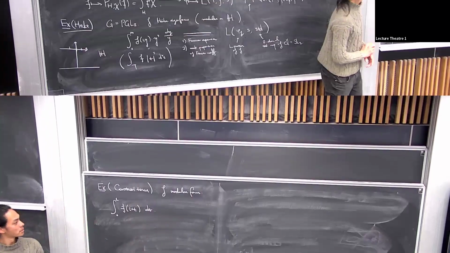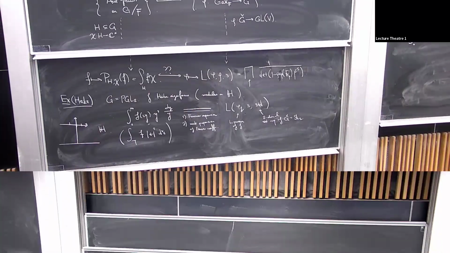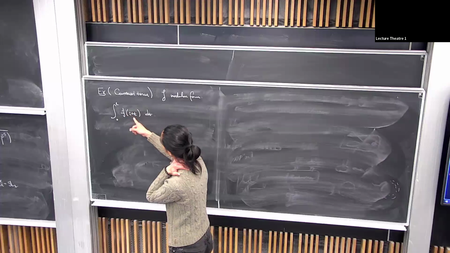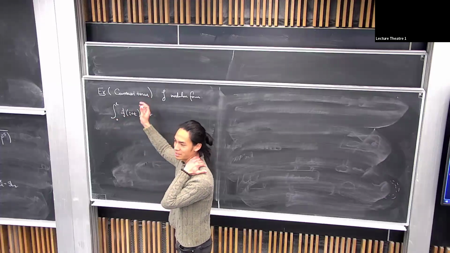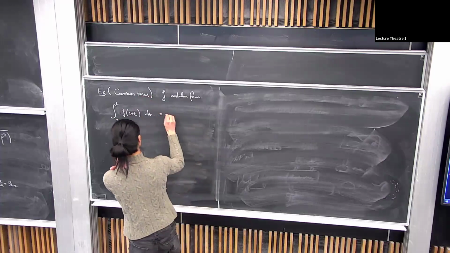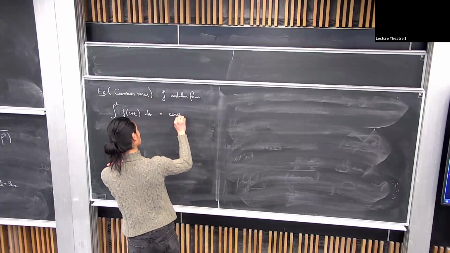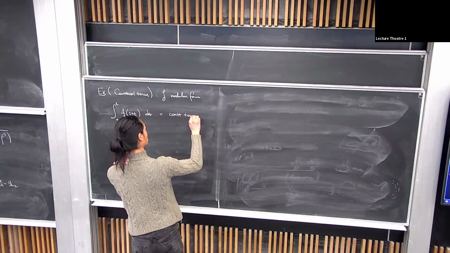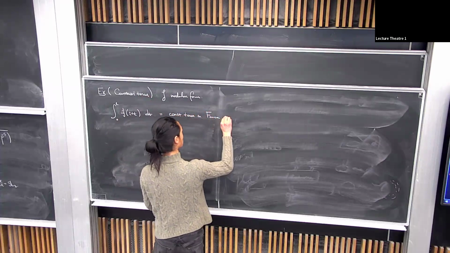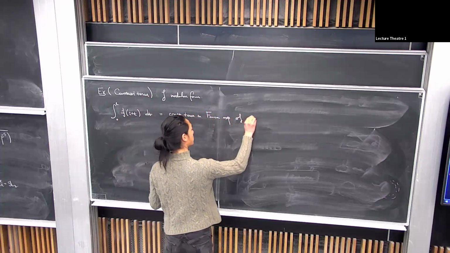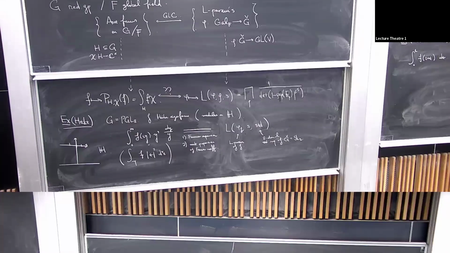Okay. So if you Fourier expand this, you'll see that only the constant term contributes, which is why I call the example the constant term. So this is just the constant term in the Fourier expansion. Okay.